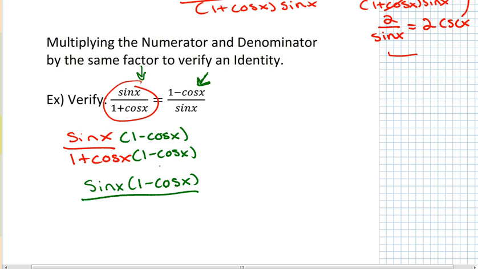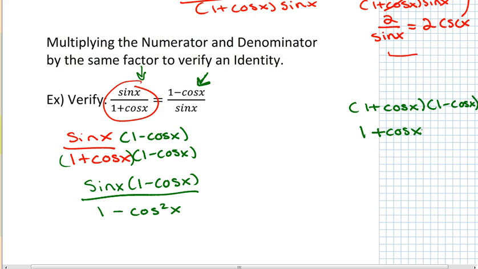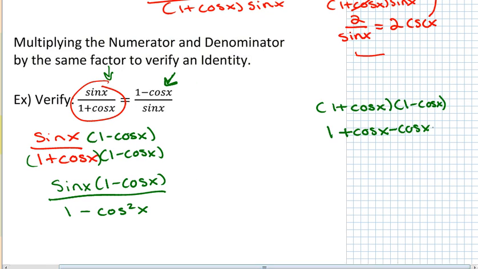On the bottom, when I FOIL, I get 1 minus cosine squared, because 1 plus cosine times 1 minus cosine, well, 1 times 1, then you have plus cosine x minus cosine x, and then minus cosine squared.